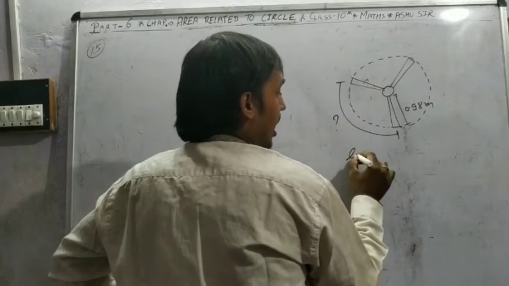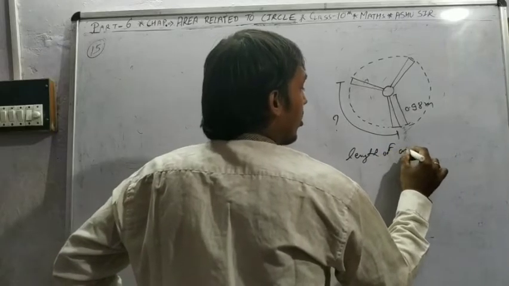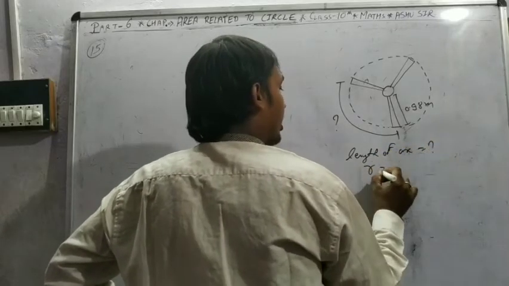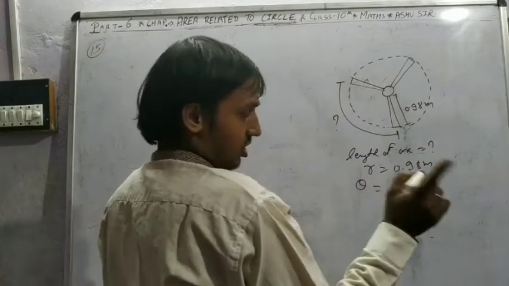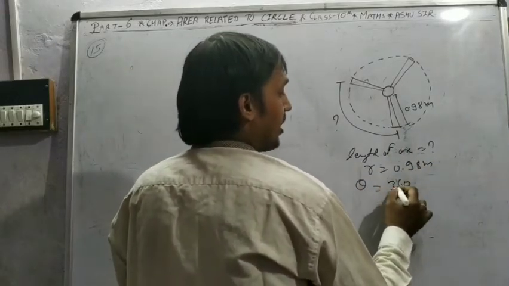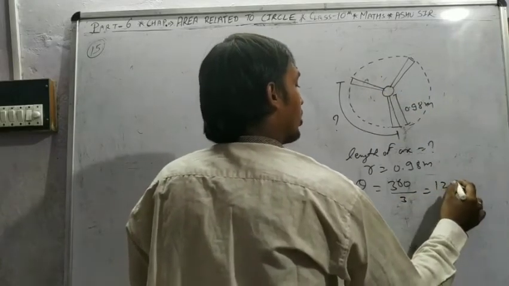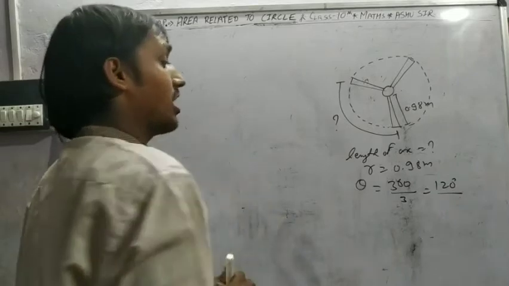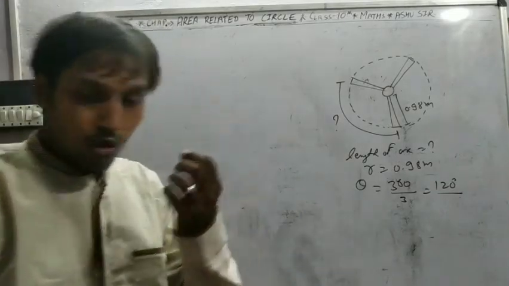means the length of arc with radius 0.98 meter. What is theta? Same, 360 by 3 equal parts, 120 degree. This type of question comes in board examination.